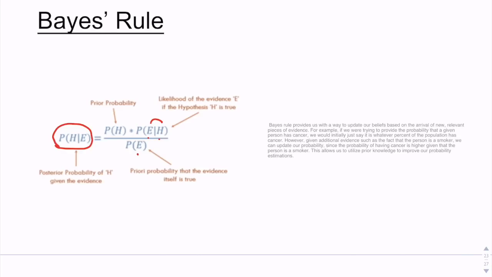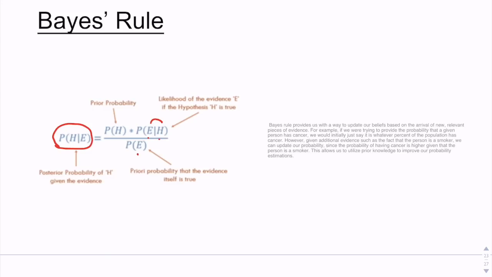A very famous example is in the field of medicine, if we want to see if someone has cancer or not based on the tumor samples we collected during surgery. So these tumors which are selected from the body are all evidence we collected from this person. Now the hypothesis is whether this person has cancer or not.